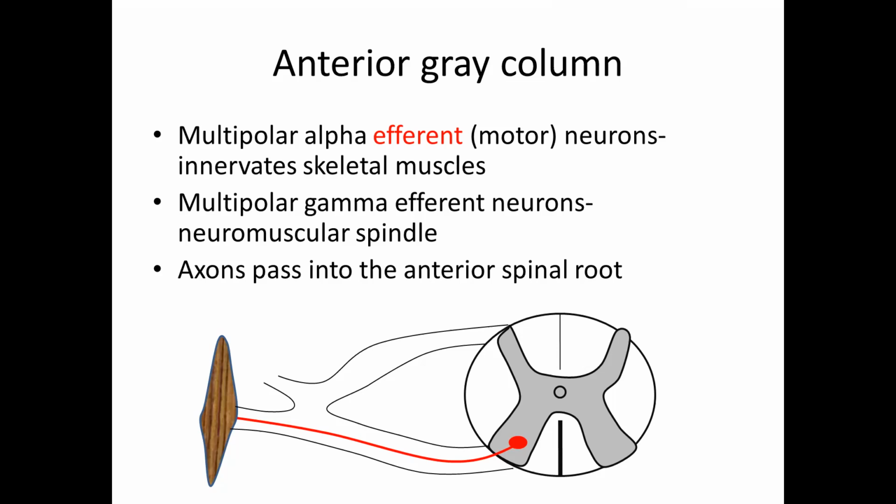Okay, so you find cell bodies of multipolar alpha efferent or motor neurons that innervate skeletal muscles, right? In the anterior gray column, those are the cells that you find, right? And also you will find multipolar gamma efferent neurons, which are from the neuromuscular spindle, okay? And axons from these will pass in the anterior spinal root and go into each of the muscles, okay?